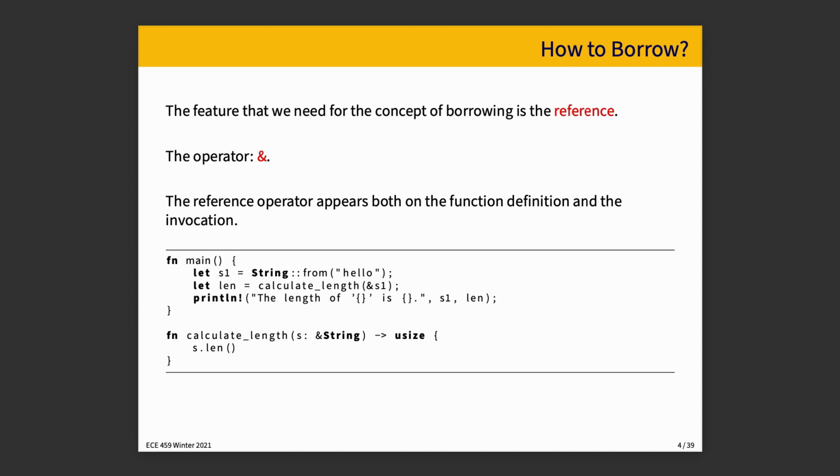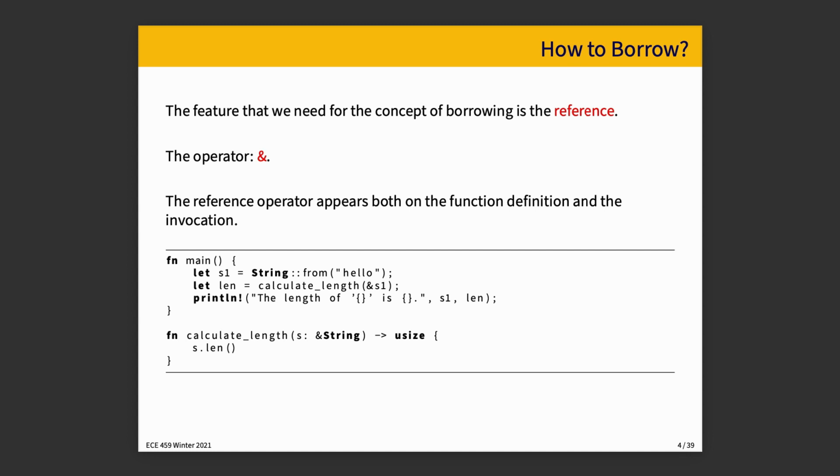So in the very simple program as below, main creates a string s1 and then calls the function calculate length with a reference to that s1. This is a borrow, so calculate length borrows the string, uses it to compute the length by calling the length function on it. Nothing super exciting there.